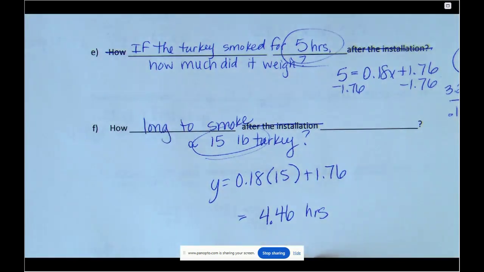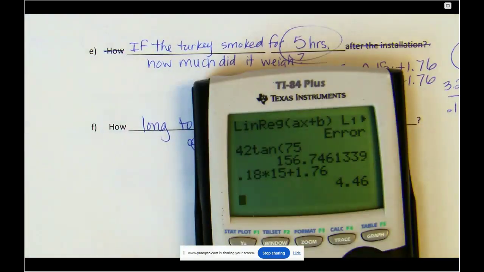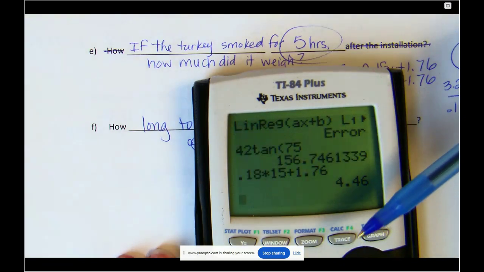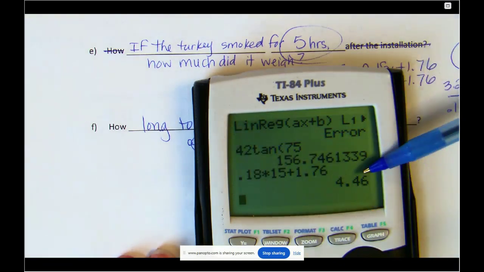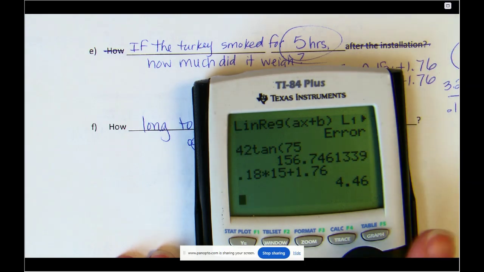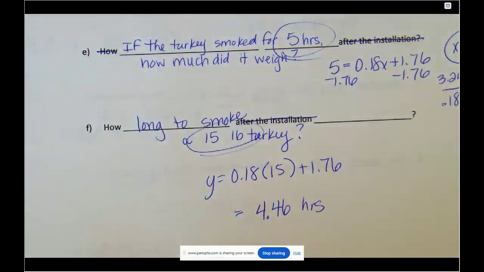It's math class. It's exactly 4.46. If you wanted to round that to 1 decimal, what would it be? 4.5, because this 6 is larger than 5. It'd be 4.5 hours.